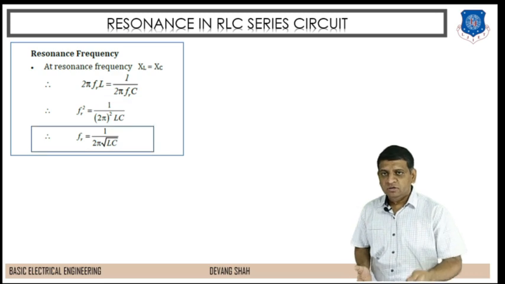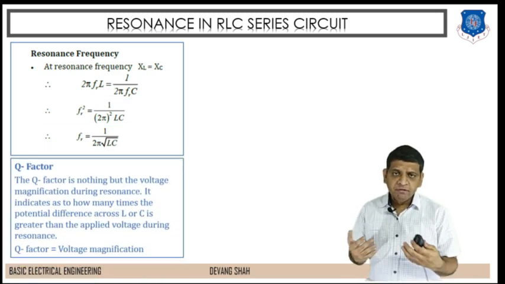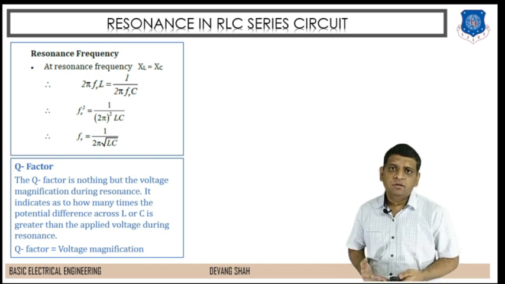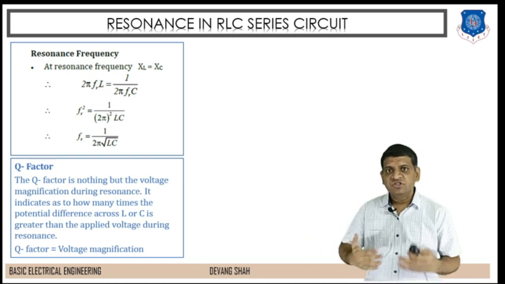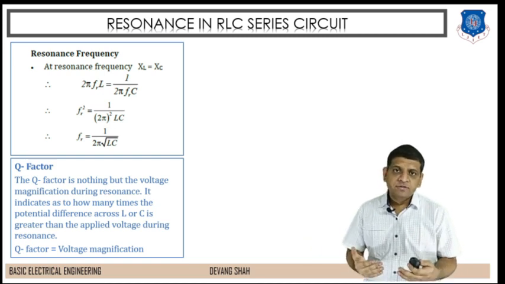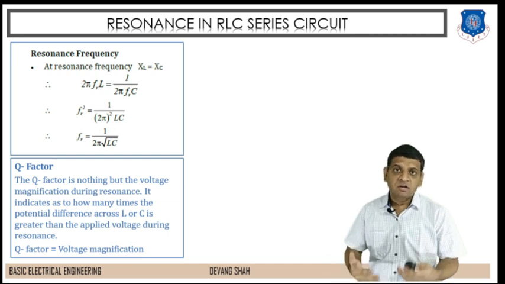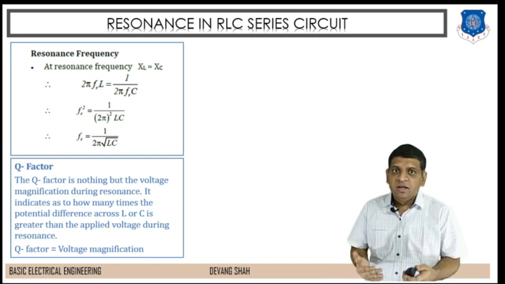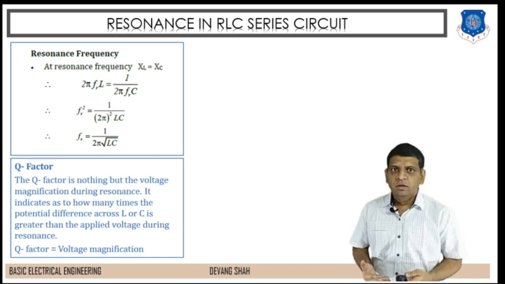So you can check here all the terminology where I can find my next judging parameter as the quality factor, right? At that particular resonant frequency, if I check the quality factor of the circuit, by what way can I find it? The quality factor or Q factor is nothing but the voltage magnification during the resonance.